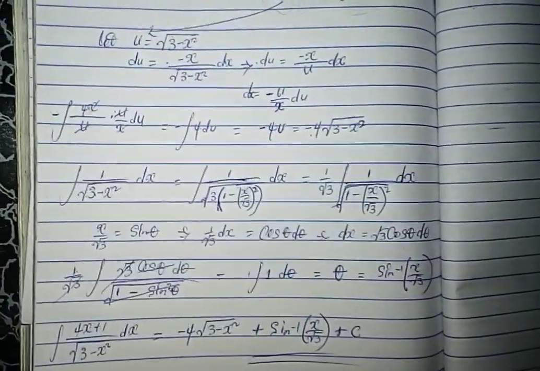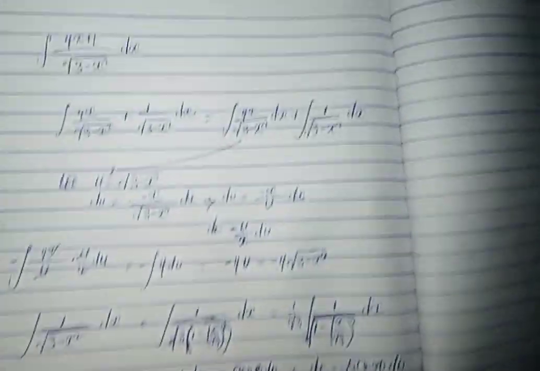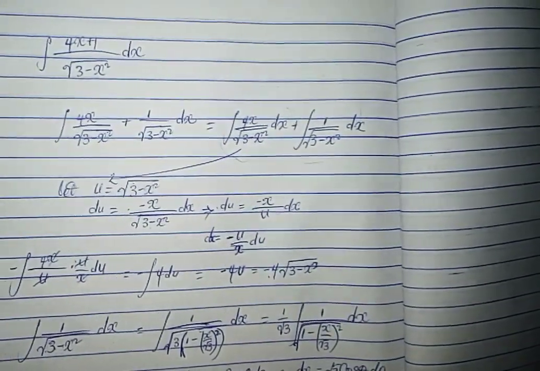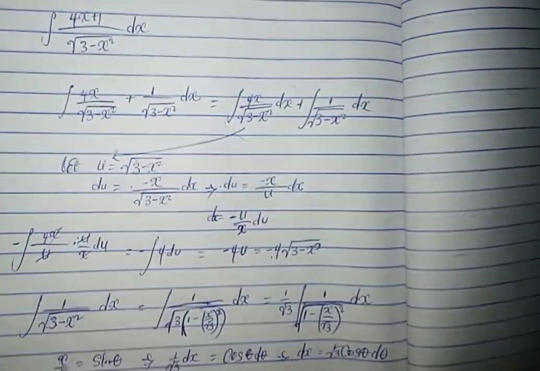So this is the answer to the question, the integral of 4x plus 1 over root 3 minus x squared.